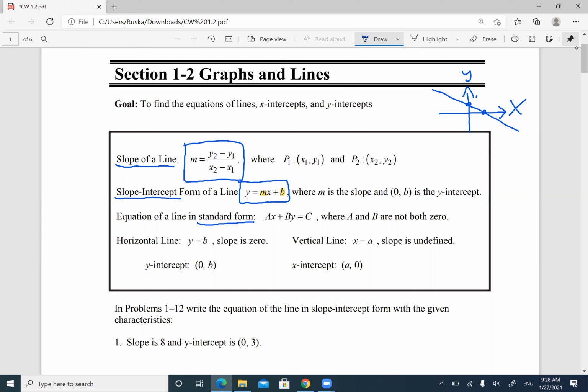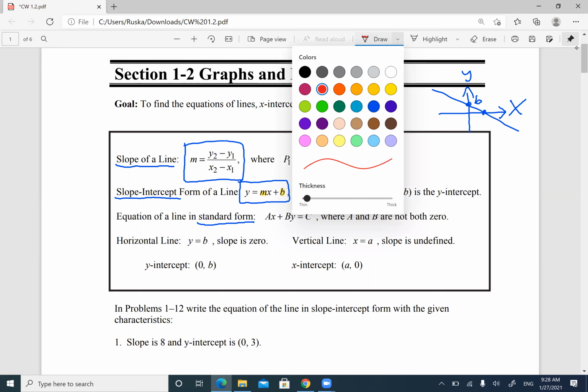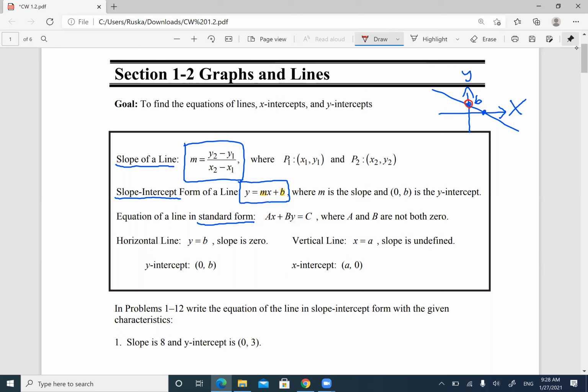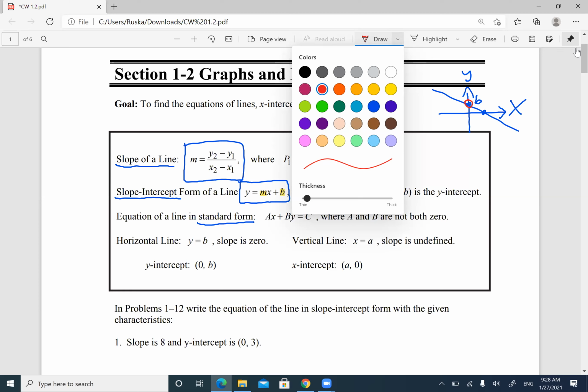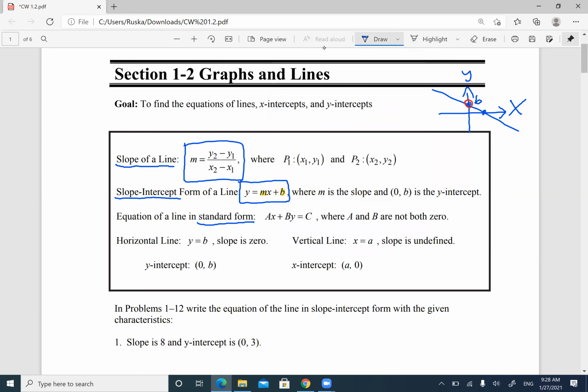So this is where the b is, over here at this point. M is the slope. The slope is a number which tells us how the line looks. Is it increasing? Is it decreasing? Is it a horizontal or vertical line? Okay. So this is the slope-intercept form.